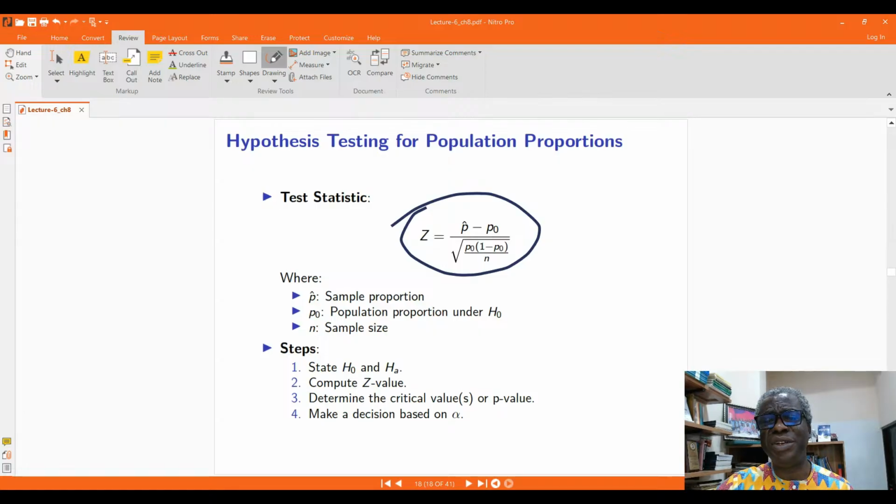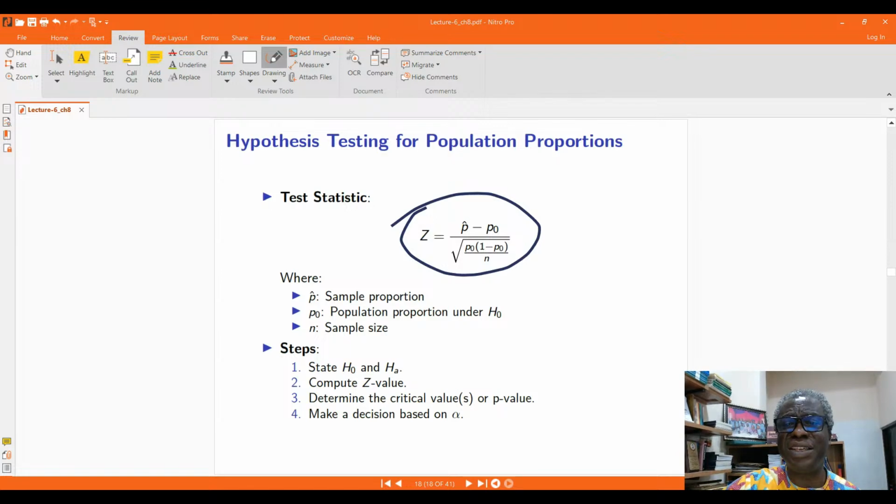In the denominator, you have the square root of the proportion being claimed in the population times its complement, which is 1 minus the proportion, all over n.